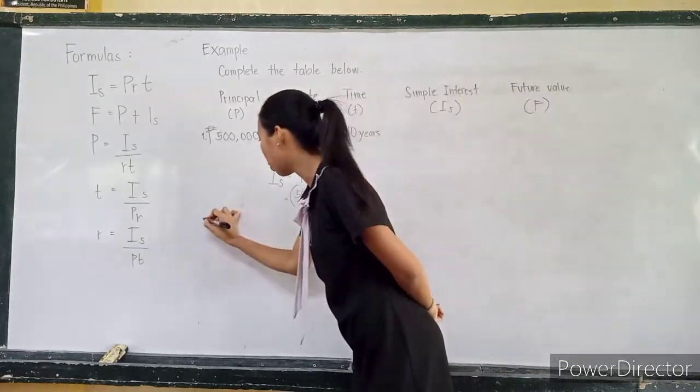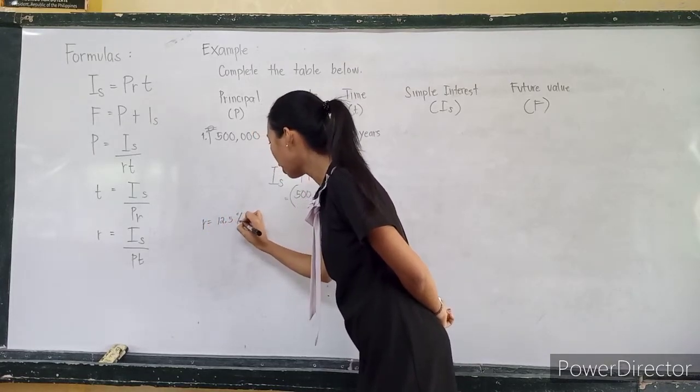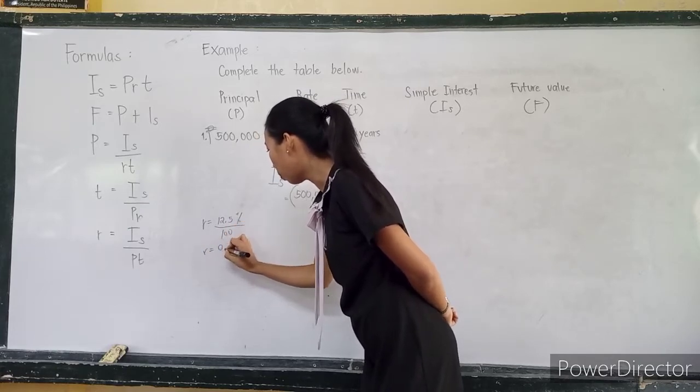So let's divide this first by 100. This is 12.5% divided by 100. Your rate is now 0.125.